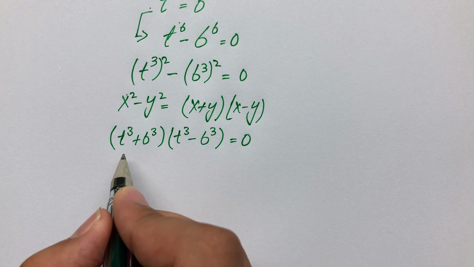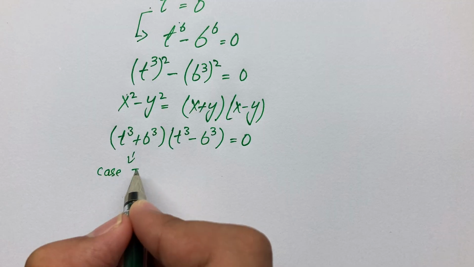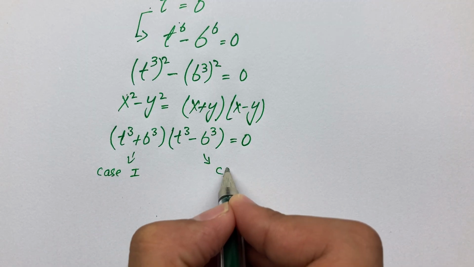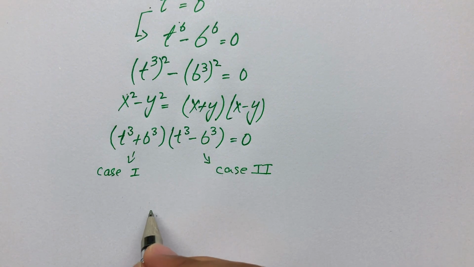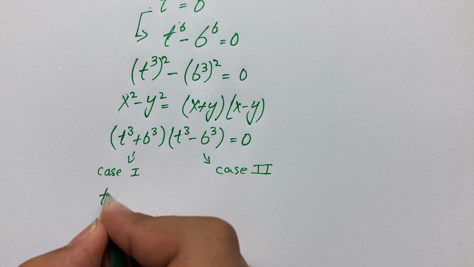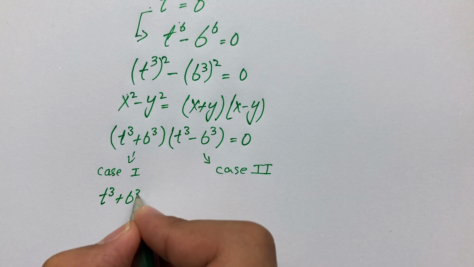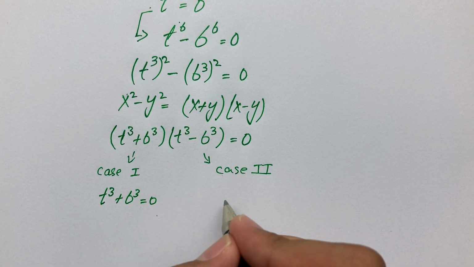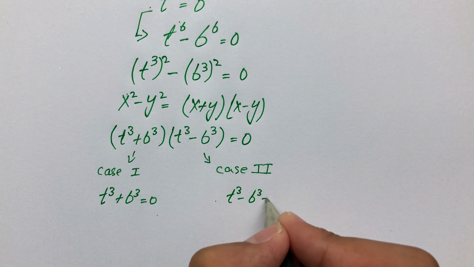And now this will be our case number 1 and this is our case number 2. So t to the power 3 plus 6 to the power 3 is equal to 0 and t to the power 3 minus 6 to the power 3 is equal to 0.